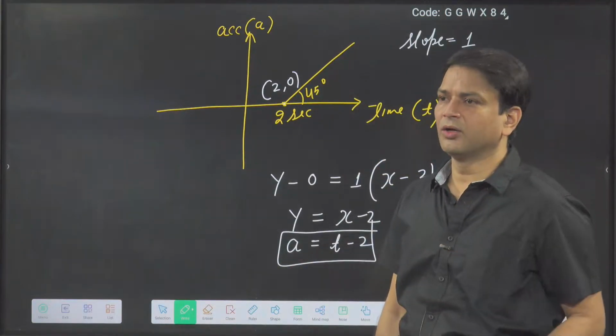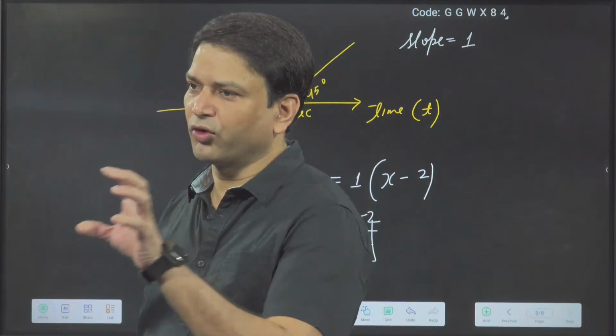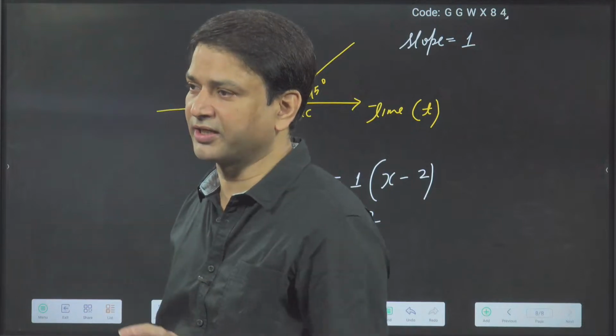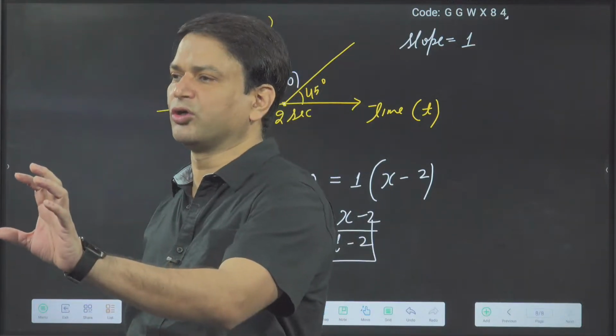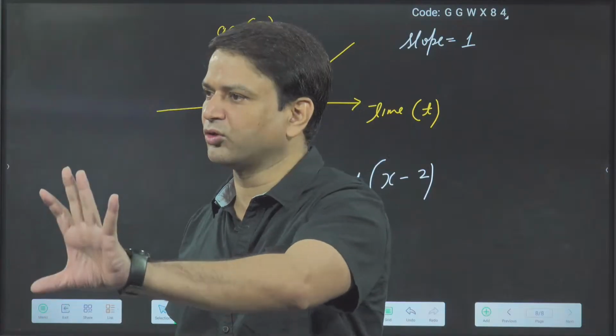So a small thing: who will say what is the initial acceleration? What is the initial value of a? Initial means t is equal to 0. Initial means when we started, and when we started means t is equal to 0.